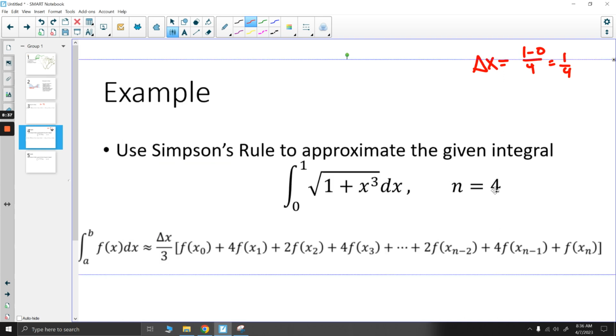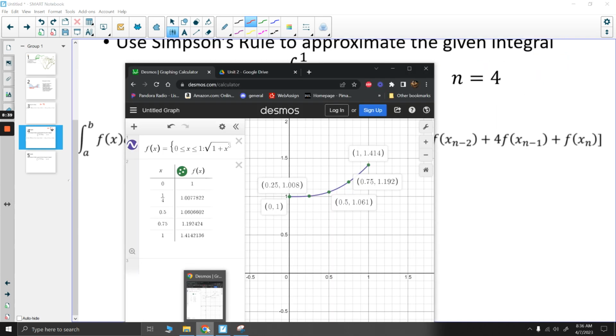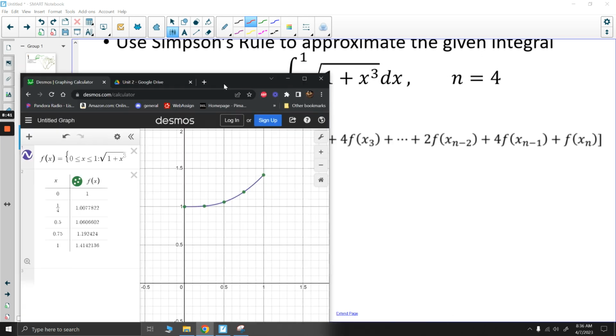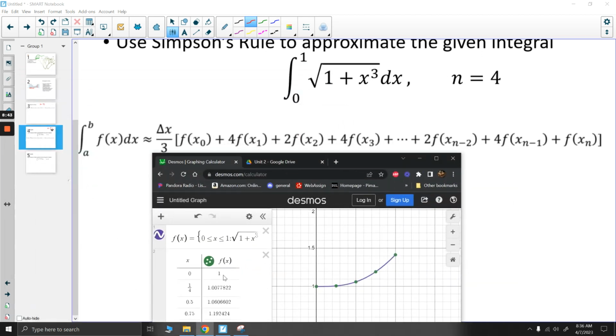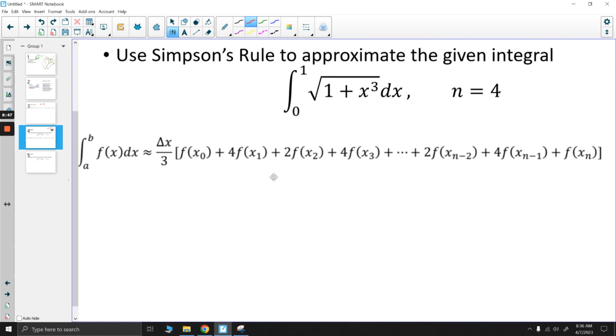Okay. So what we're going to do then is simply plug these values into our function. Essentially, this integral is approximately equal to delta x, which is 1/4, how wide our intervals are, divided by 3, times f of x sub naught, which is 0.